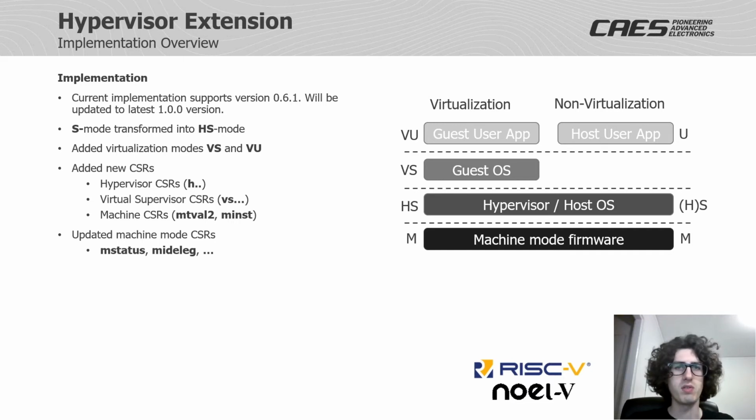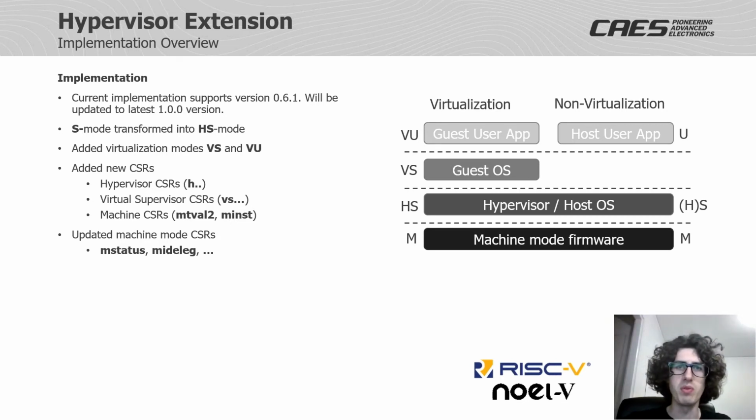The hypervisor control status registers are added to extend the S mode with the hypervisor feature. The virtual supervisor control status registers are added to substitute the regular supervisor registers when running in virtualization mode.